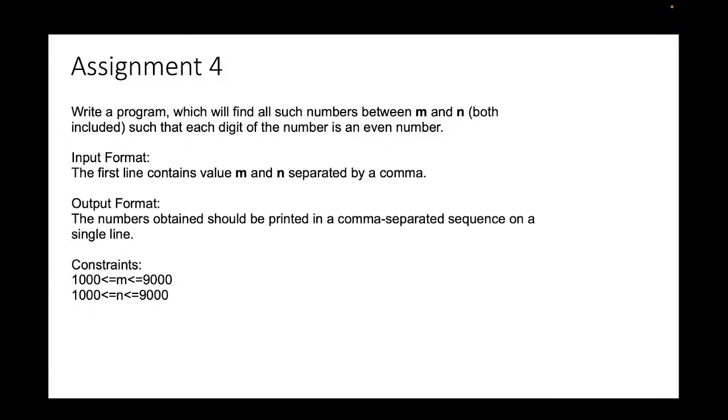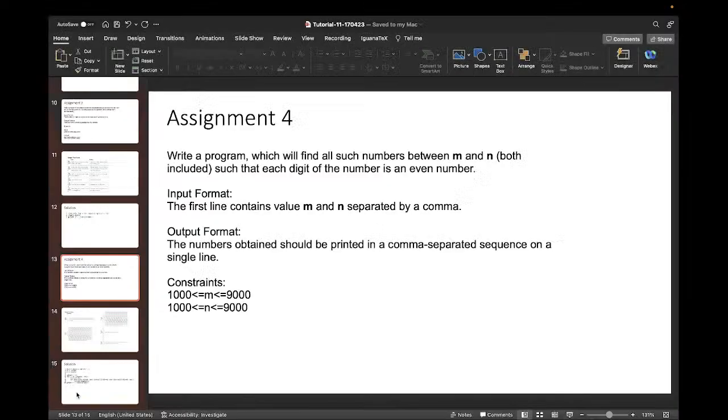Iterating through a string is easier than iterating through the digits of a number. So for that reason, you convert a number into a string, but when you do the even number test, take int of that character, convert it back to an integer, and then do the divisibility test for an even number. So that way it should be simple enough.